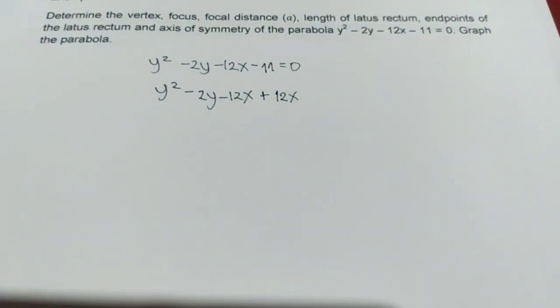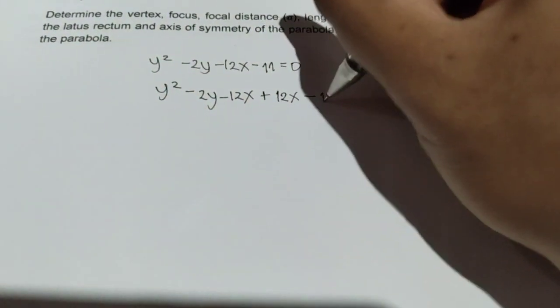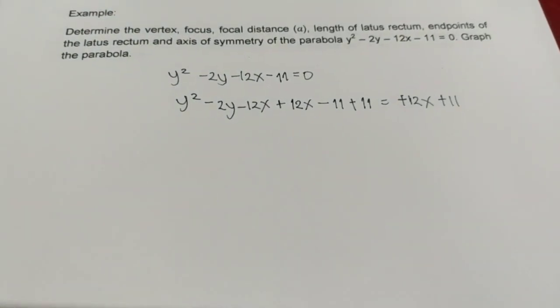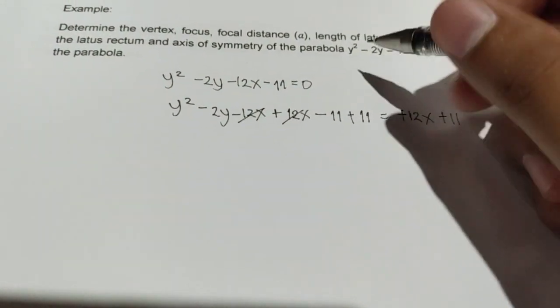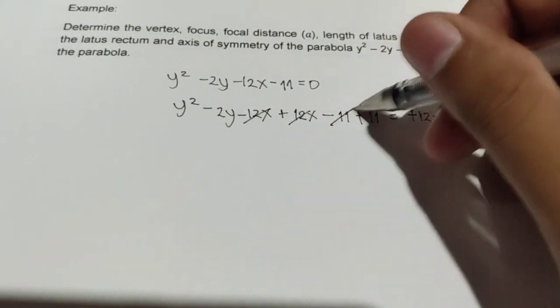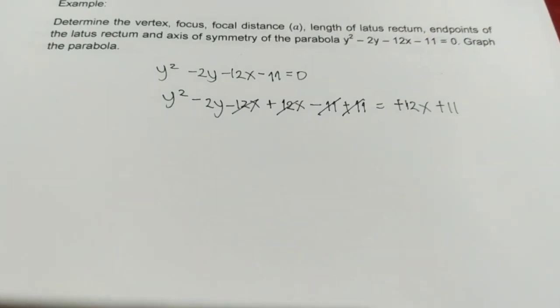So we have y squared minus 2y minus 12x plus 12x, and then the additive inverse of negative 11 is positive 11, so that the negative 12x and positive 12x will become 0 and negative 11 plus 11 will become 0.